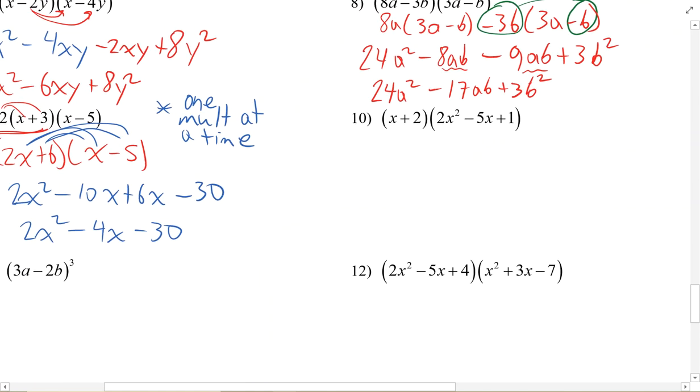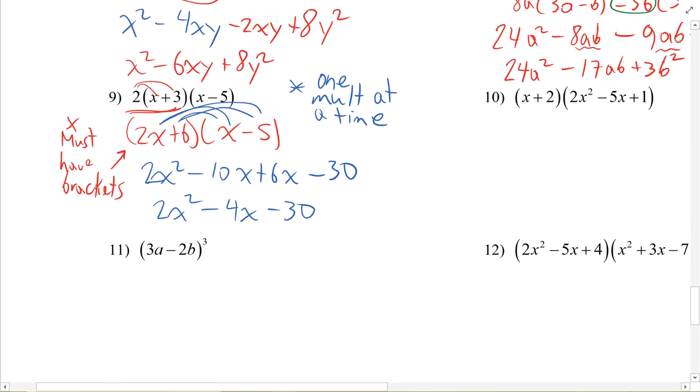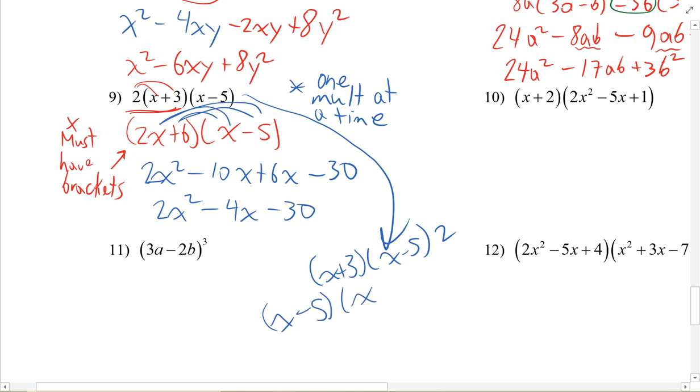Now number 10. Now the other way to write this question, if you wanted to, you could write it as x plus 3 times bracket x minus 5, and then put a 2 on the end. Or x minus 5 times x plus 3 times 2.